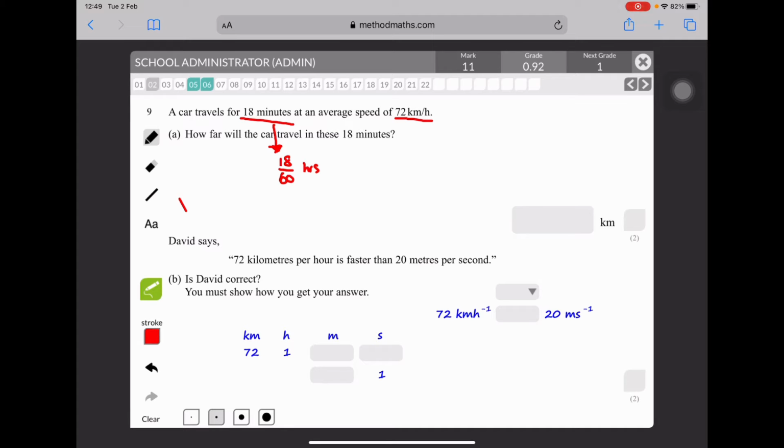How far will the car travel in these? So we need to use our knowledge of speed equals distance over time. What we have, we need to work out the distance, right? So speed multiplied by time equals distance. 72 multiplied by our time would give us the distance.